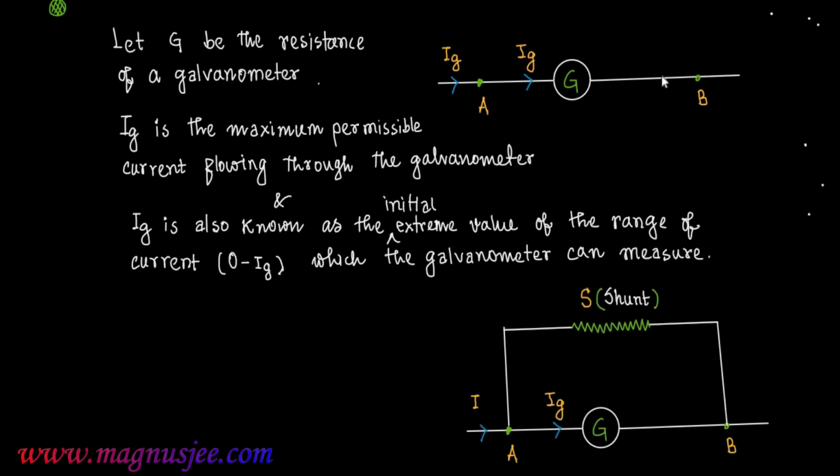Now we can consider that a shunt or low resistance is connected in parallel with the galvanometer, and Ig is the current flowing through the galvanometer, and Is is the current flowing through the low resistance shunt.